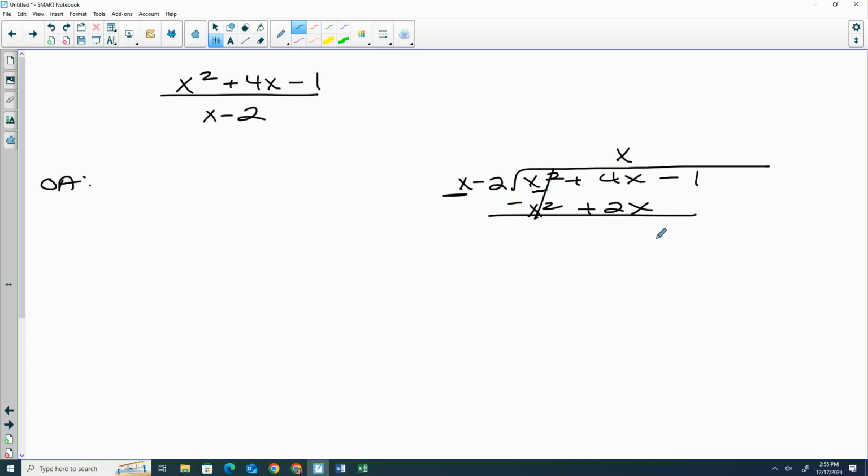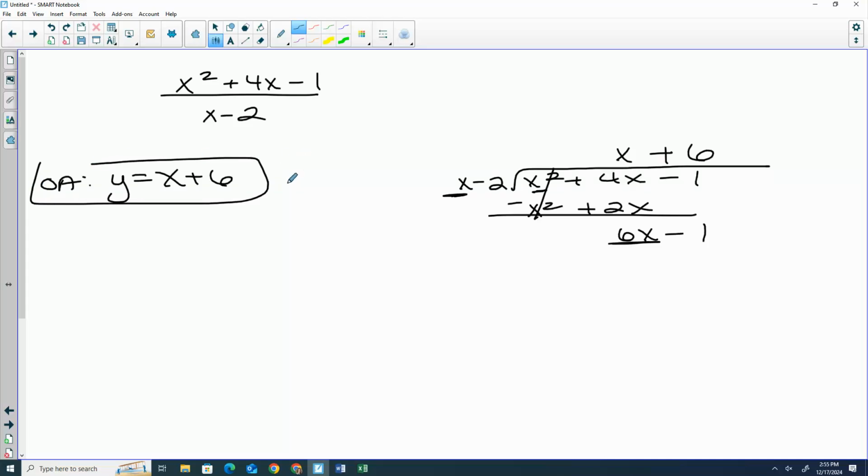X squared negative x squared drop, 4x and 2x, 6x minus 1. 6x divided by x? Okay, and that's all we need. You don't have to finish it. So it's just y equals x plus 6. Y equals mx plus b. Is that one okay?